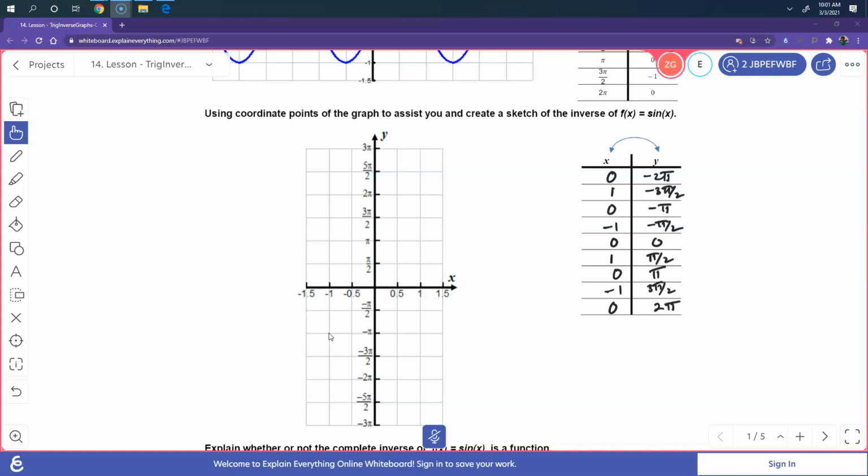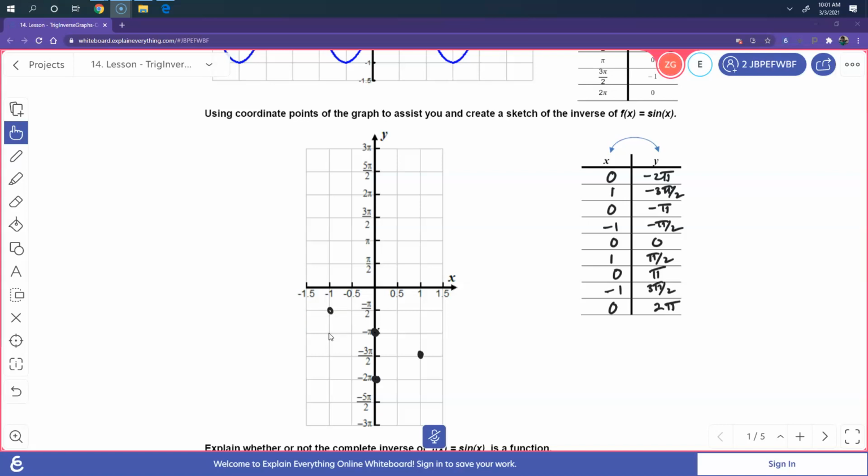So the first ordered pair is 0, negative 2 pi. The next one is 1, negative 3 pi over 2. The next one is 0, that's negative pi. And then the next one is negative 1, negative pi over 2.